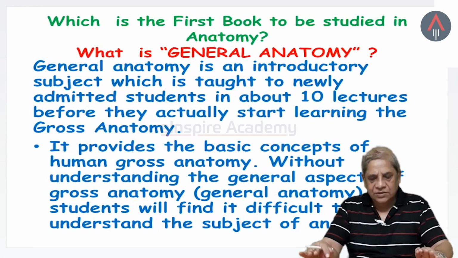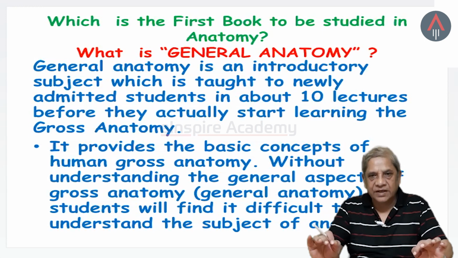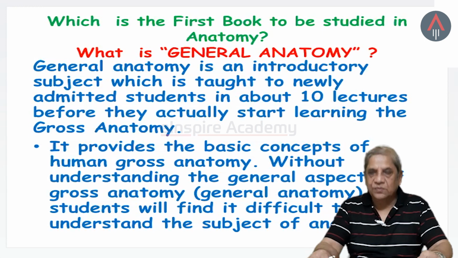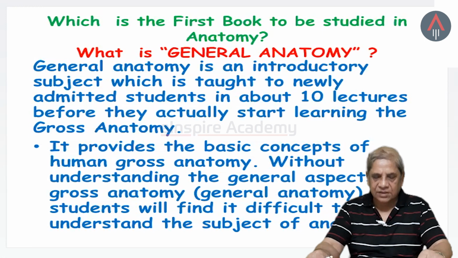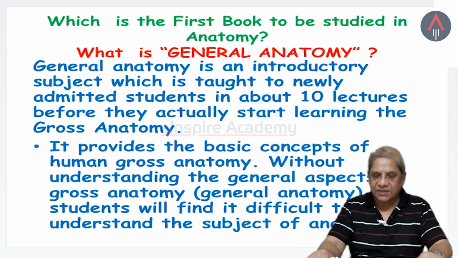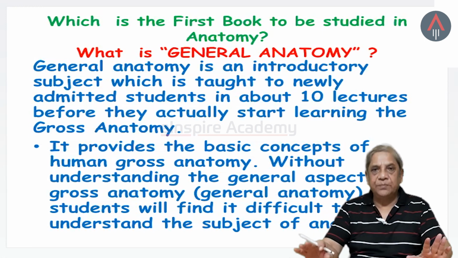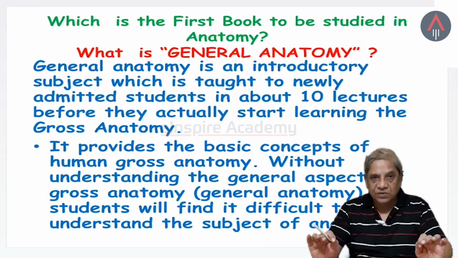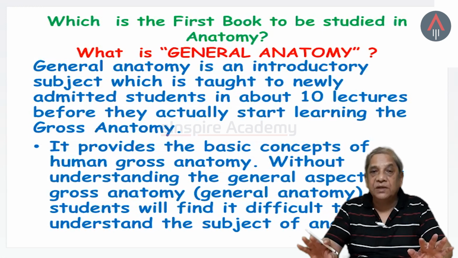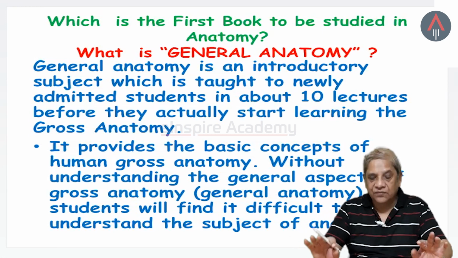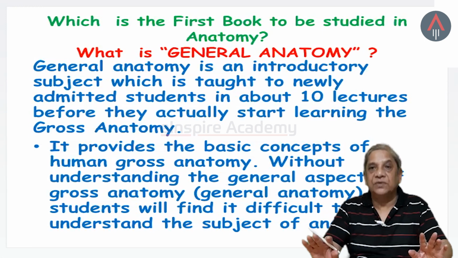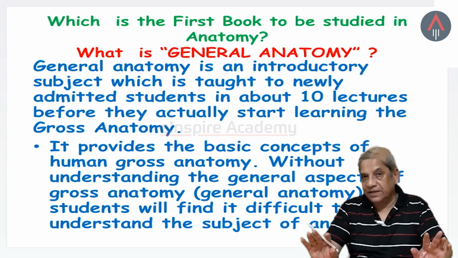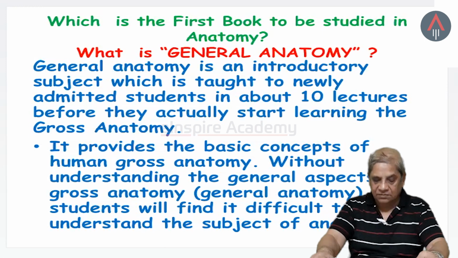Now, why is general anatomy to be learned before you go to the actual study of the human body, or the gross anatomy, before you start your dissection? It provides the basic concept of the human gross anatomy. So human gross anatomy or cadaveric anatomy concepts can only be learned very well if you learn the general anatomy first, because it provides the basic concept of gross anatomy.